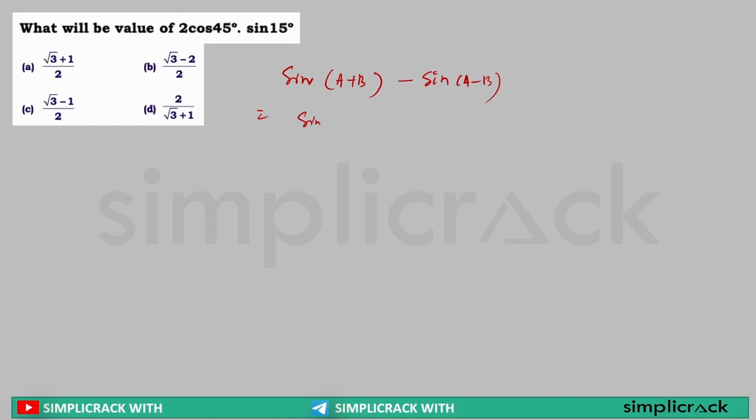That means sine(45 plus 15) is equal to 60 degree minus sine(45 minus 15) is equal to 30 degree. That means root 3 by 2 minus 1 by 2, which can also be written as (root 3 minus 1) by 2. Answer option C. Clear? Yes or no?